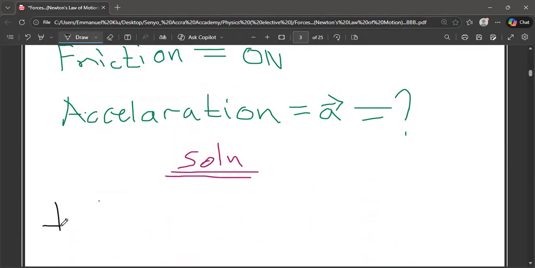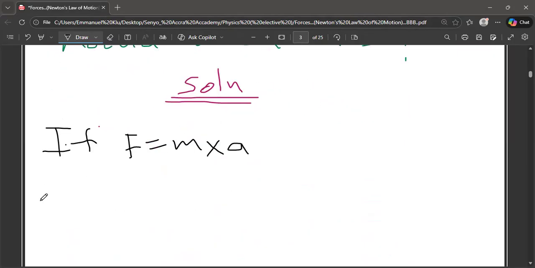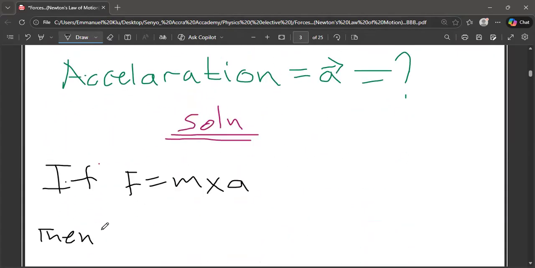So you say that if F is equal to mass times acceleration, then what does that imply? You realize that our acceleration can be written as force over mass.